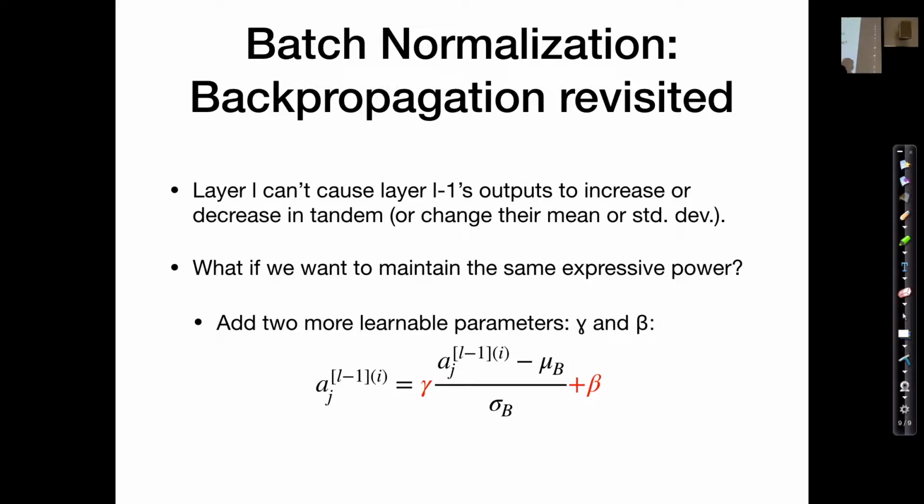If we wanted a mean of 5, we could learn that beta is 5. And if we want a standard deviation of 2, we could set this to 2. These are not hyperparameters in the sense that weights are not hyperparameters. Hyperparameters are things that are above all of those. So these are just more things we're learning.